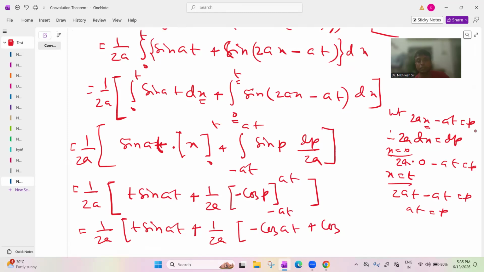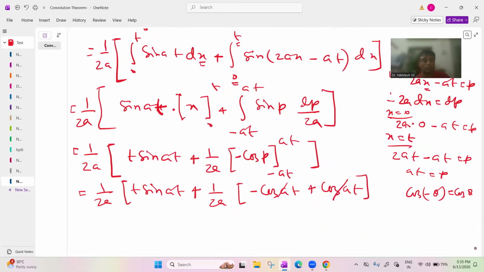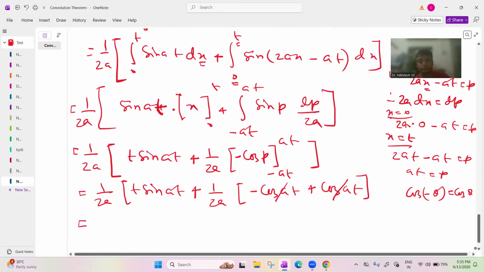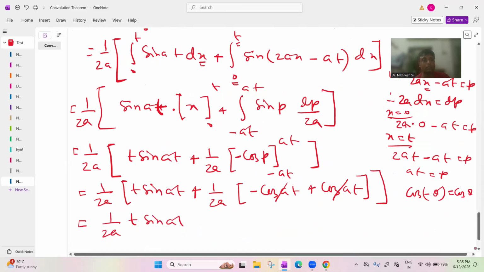Cos minus θ means cos θ, because cos minus θ is equal to cos θ. Why? Because cos θ is an even function. So cos θ cancels. Clear? Yes. So we are getting 1 by 2a t sin θ.